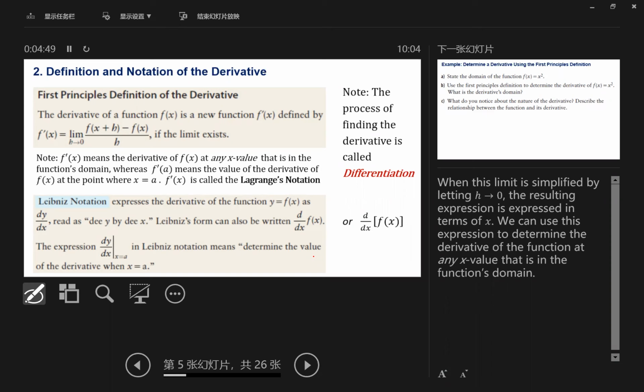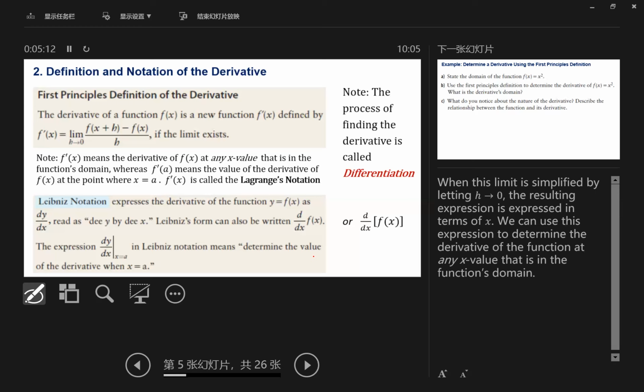Then f prime of x is actually called the Lagrange notation. And also note that the process of finding the derivative is called differentiation. Get yourself familiar with the terms here, okay? The process of finding the derivative is called differentiation.